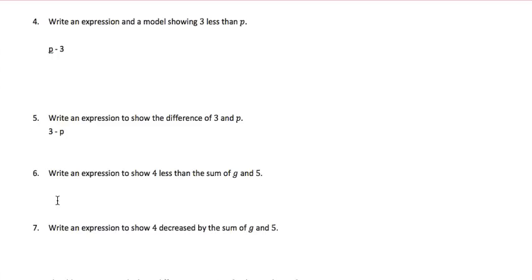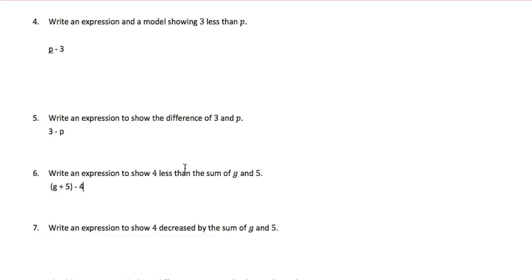Write an expression to show 4 less than the sum of g and 5. 4 less than. Remember less than from number 4 up above? And in that example, we were subtracting the number. So in this one, we first of all need the sum of g and 5. So we'll put that in parentheses and then subtract 4.